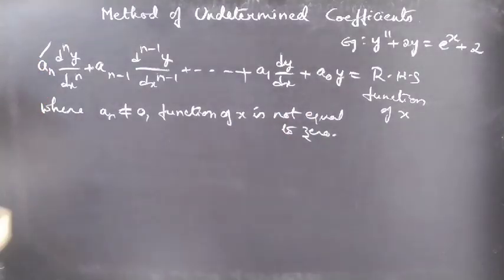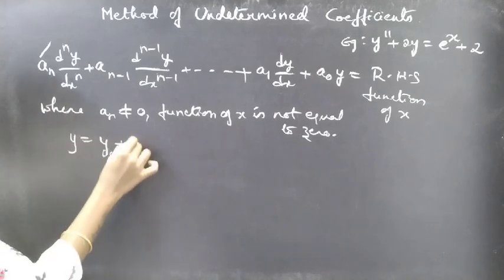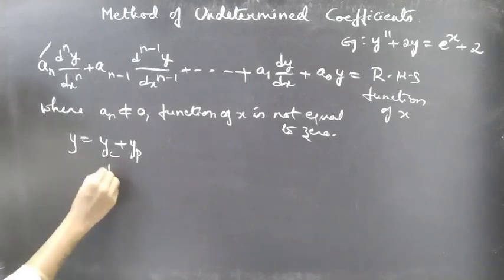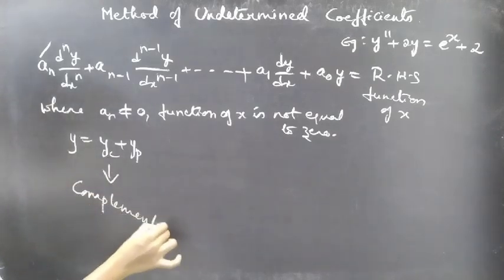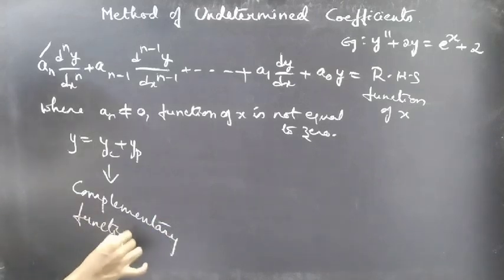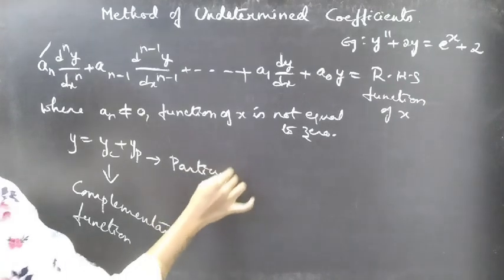Then the solution to this equation is given by y equals yc plus yp. That will be the general solution to an equation of this form. Here yc is a complementary function, and yp is a particular integral.